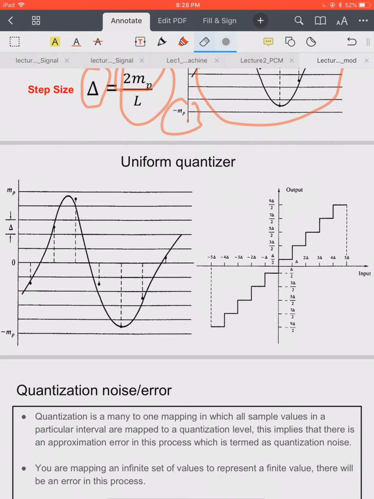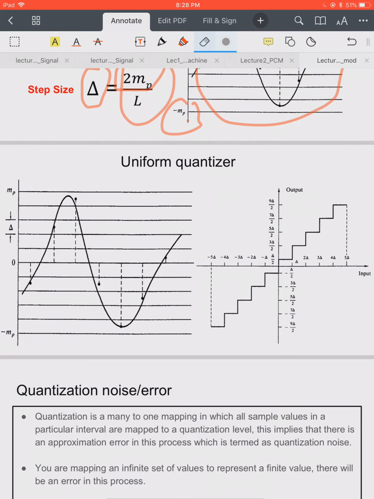Similarly, on the negative side, if the value of the signal is between 0 and minus delta, then it is quantized as minus delta by 2, and so on. Each sample amplitude value is approximated by the midpoint of the interval in which it lies.